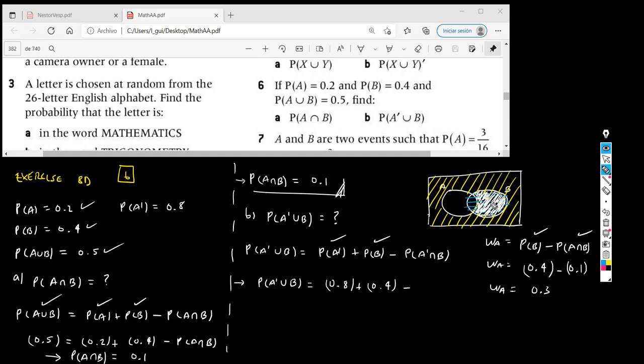The white area represents this probability. Let me substitute that in here, and we can find the probability of A prime or B, which is going to be 0.9. Yes, that's right.